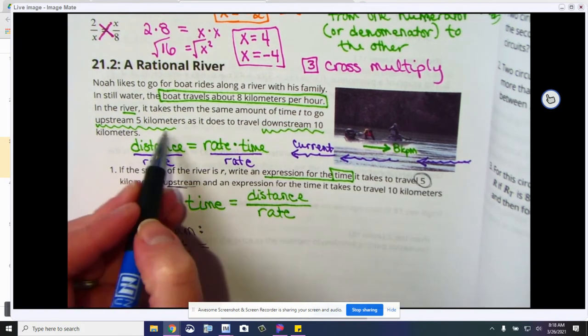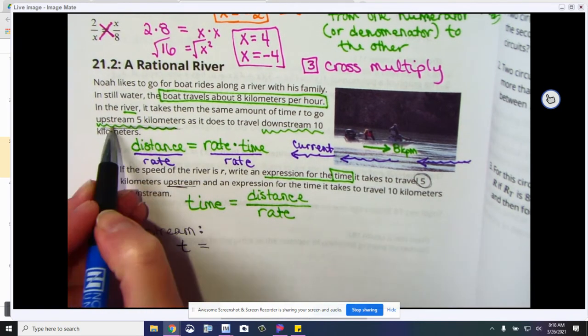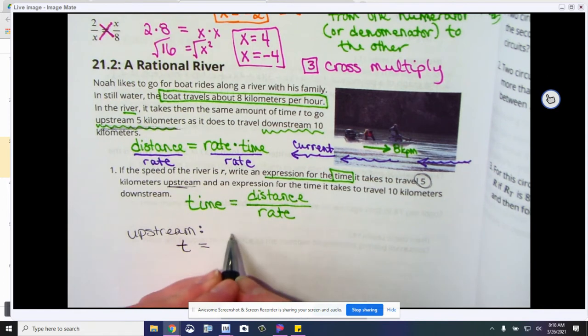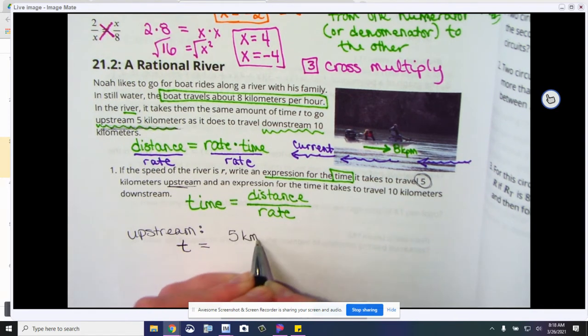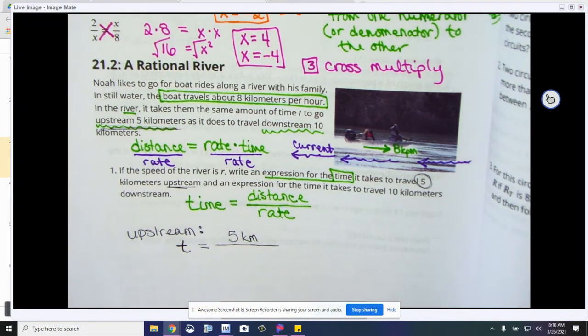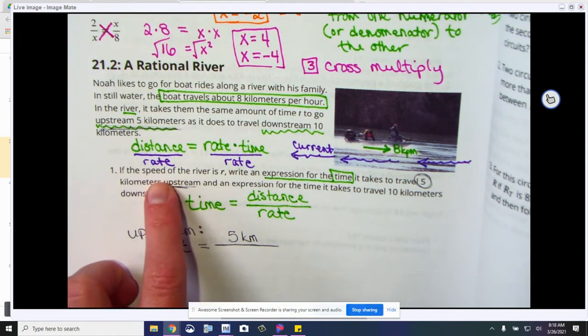We've got 5 kilometers going upstream. So there's the distance that they are able to go, 5 kilometers. And we need to think about the rate that they are traveling.